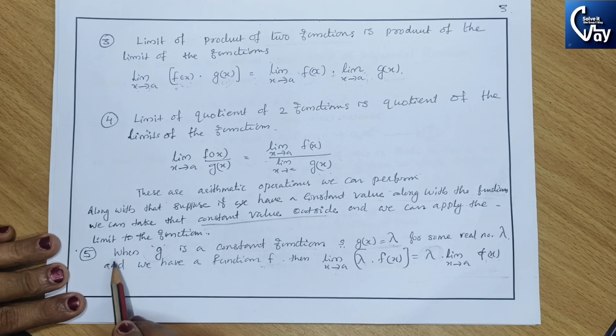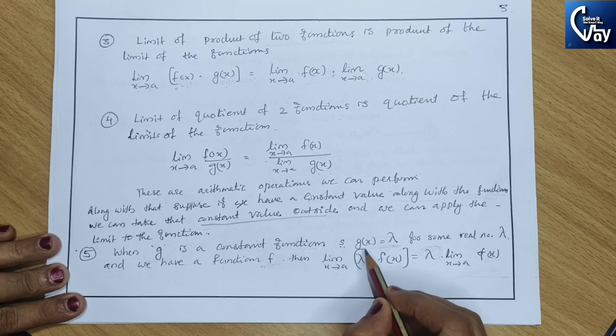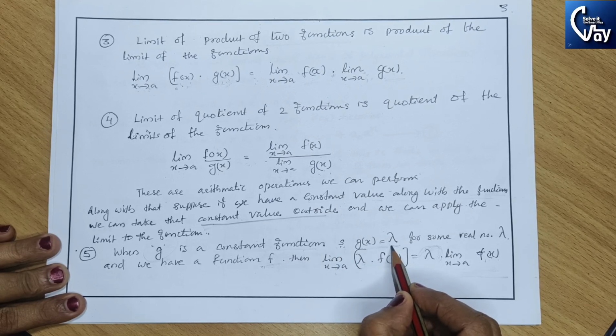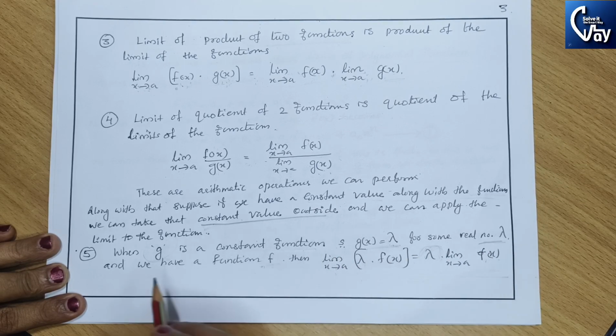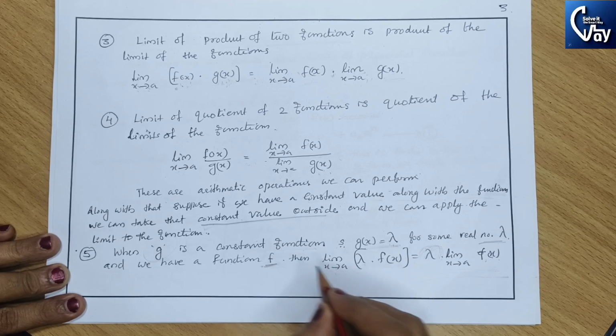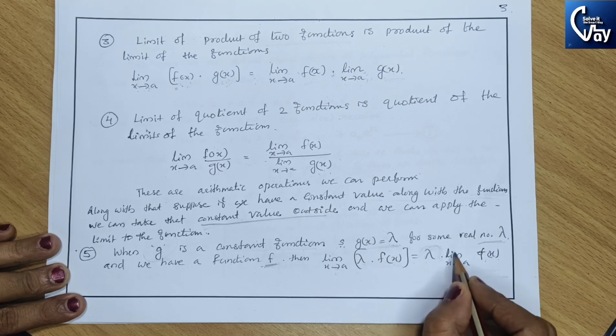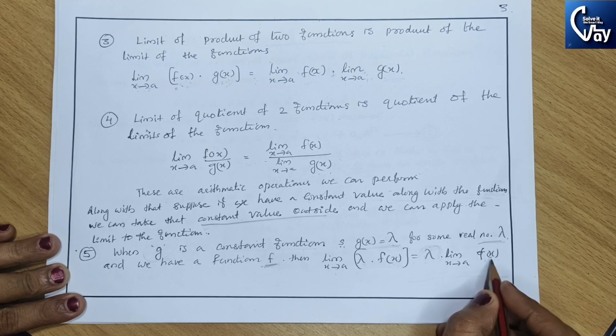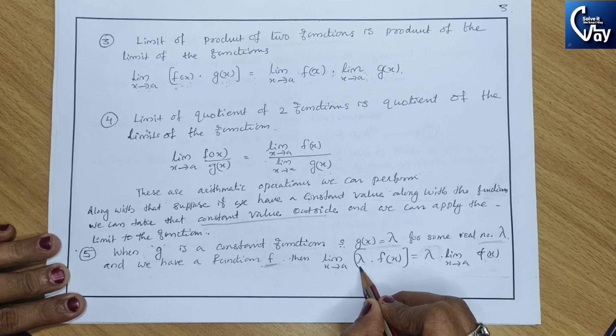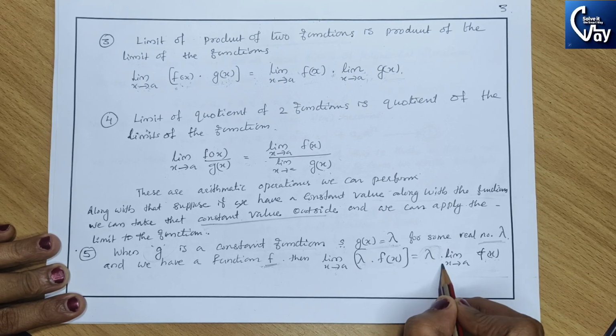When g is a constant function such that g of x is equal to lambda, some real number lambda, and we have a function f, then limit x approaching a of lambda into f of x is equal to lambda into limit x approaching a of f of x. Here lambda is a constant, so we take it outside.